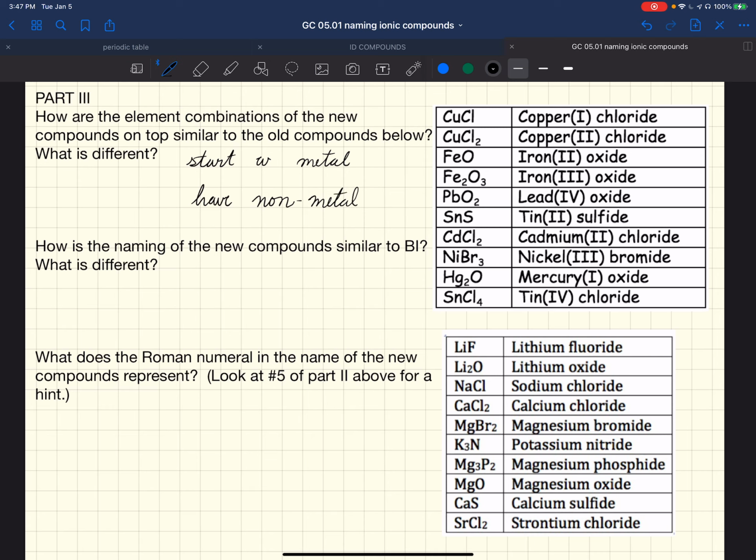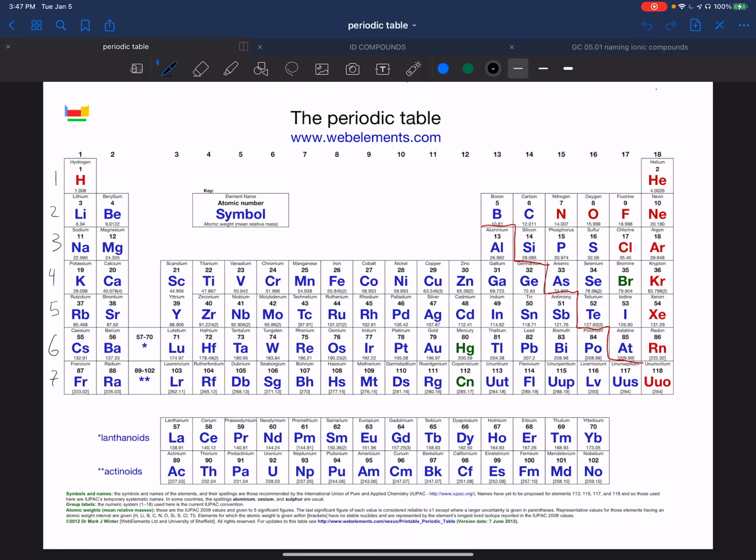Well, for that, I'm going to need to go to the periodic table. The first compounds were all in here. The metals were all in here. And now the metals are all in here. Ah, interesting. So what's different is the location of the metal.